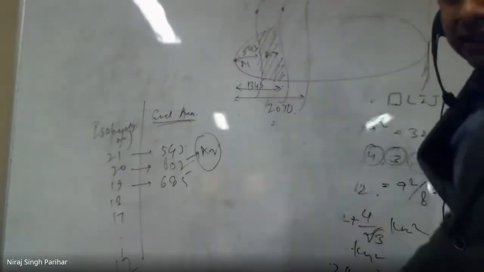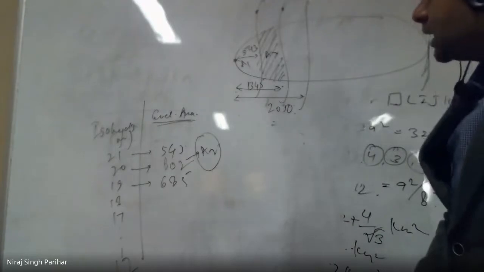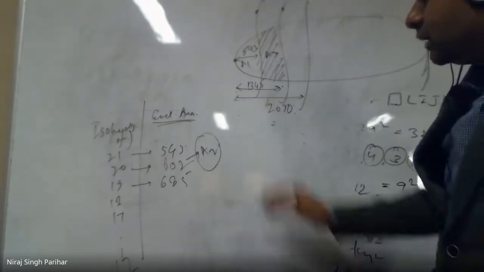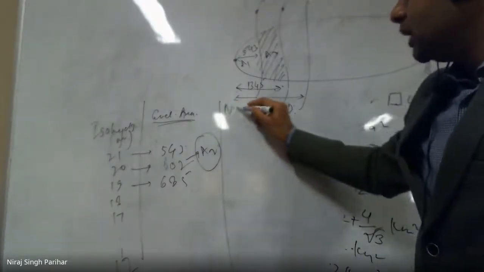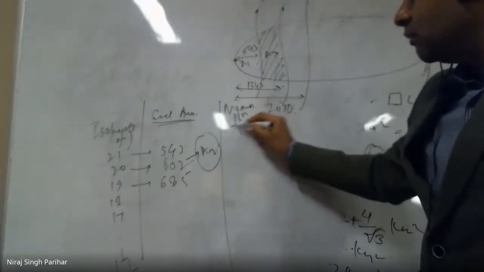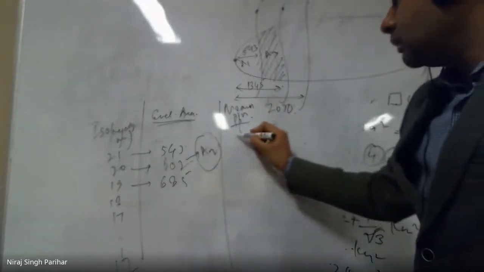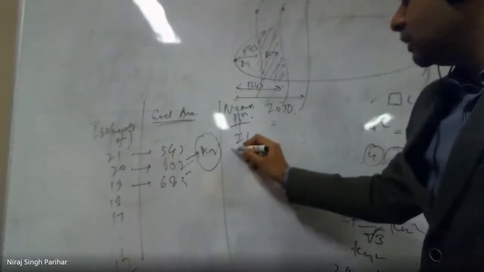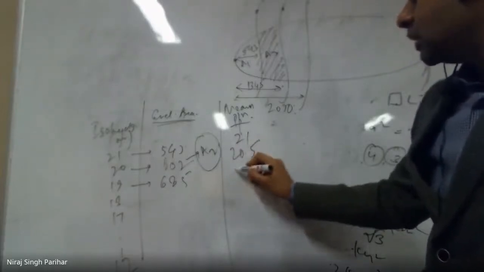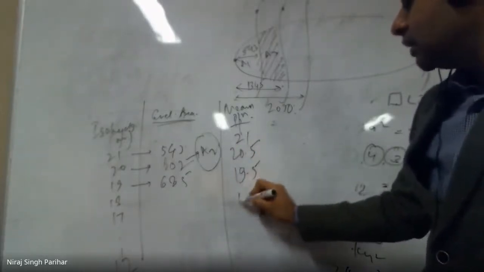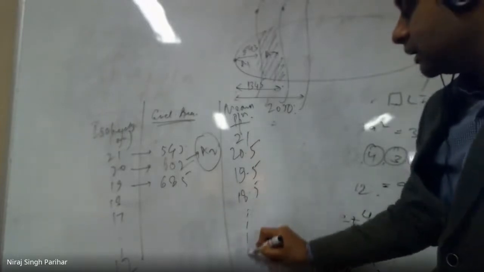So I'll take an average of 21 and 20. So the mean precipitation value will be, for this one it will be 21, next one it will be 20.5, then it will be 19.5, then it will be 18.5, like that. You will go on.